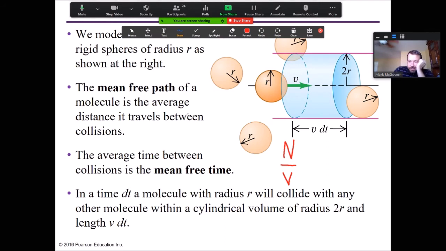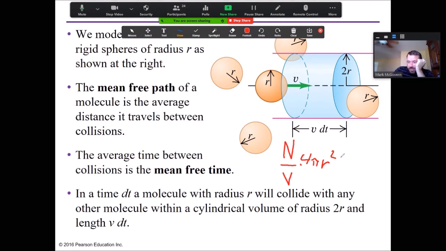All right, fine. Now, the cross-sectional area of this cylinder is 4 pi r squared. That's the surface area of a sphere, and so that's the area that can get hit, basically. And then I have the v delta t here, but I'm just going to label that as a distance.